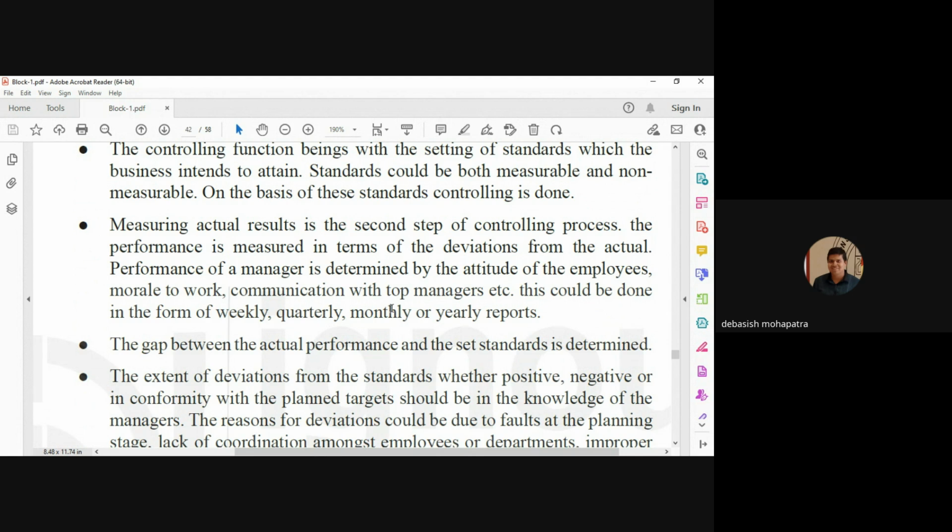Without measuring that, we cannot control the process, and the performance is measured in terms of deviation from the actual.